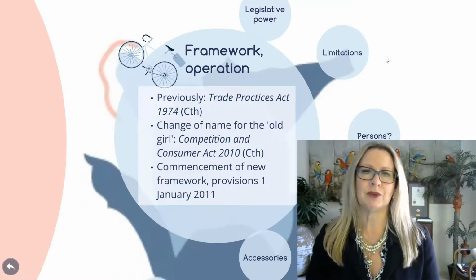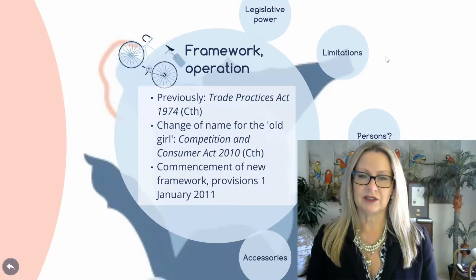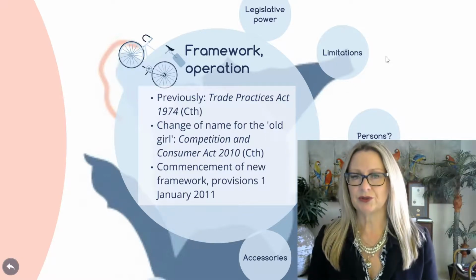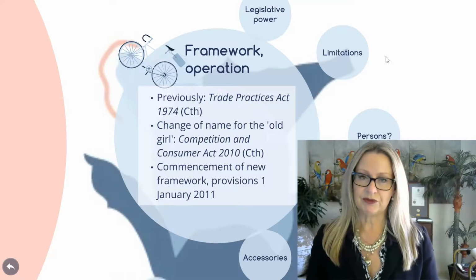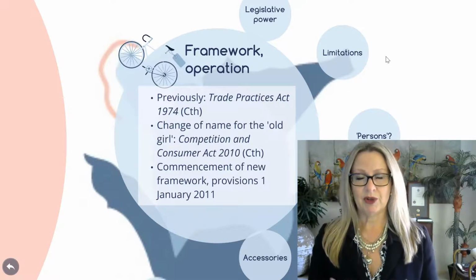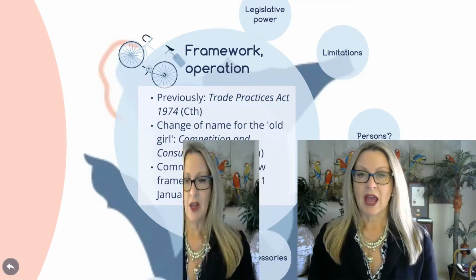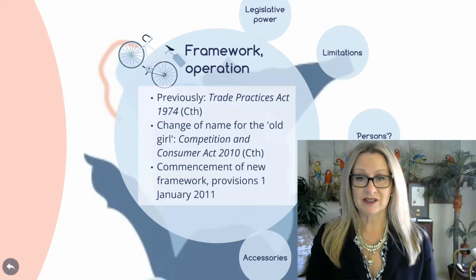So it meant that if you were a company that traded across state lines, then you were going to be subject to a multitude of different pieces of legislation in terms of, for our purposes, your contracts and how you dealt with consumers.